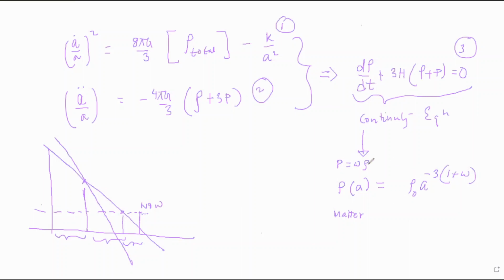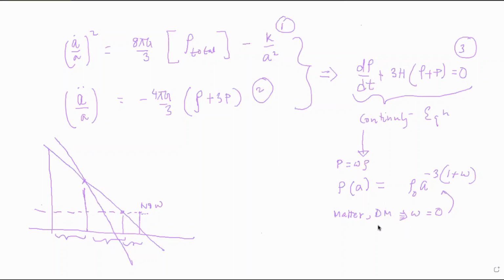P is equal to w times rho. So for matter and dark matter, what is the value of w? Tell me. 0. So rho goes as rho naught times a to the power minus 3, that is 1 by a cube. That is matching. We have done it before, no?